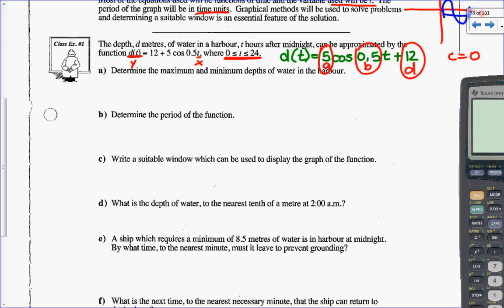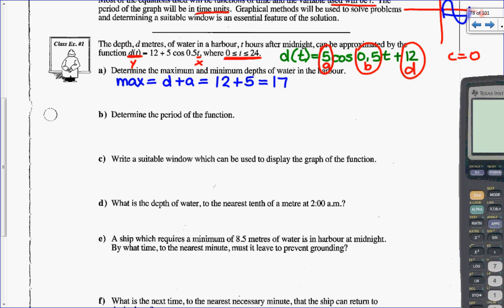Okay. Now, A asks us to determine the maximum and the minimum depths of water in the harbor. Well, we have a formula for figuring out the maximum, and the maximum is d plus a. That's our midline plus the amplitude, the distance from the midline to the highest point. And so our d is 12, our a is 5, so 12 plus 5 equals 17.